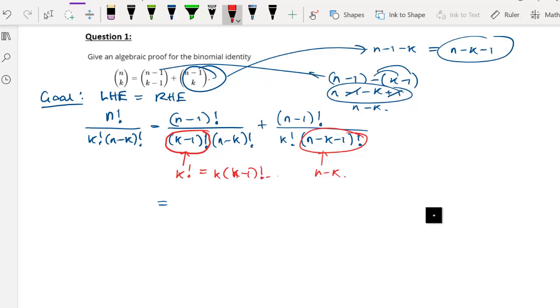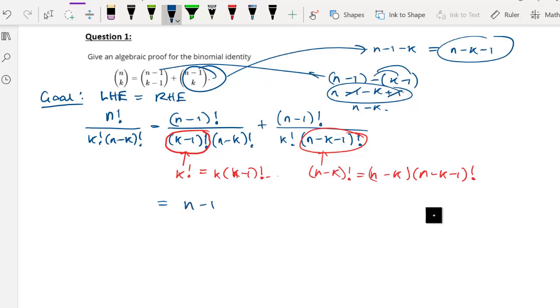So we can call that k take 1 factorial. So we can see, in order to turn this into k factorial, we need to multiply it by k. And in order to turn this one here into n take k factorial, we'll have n take k multiplied by n take k take 1, and so on. So this one here needs to be multiplied by this n take k on top and bottom.